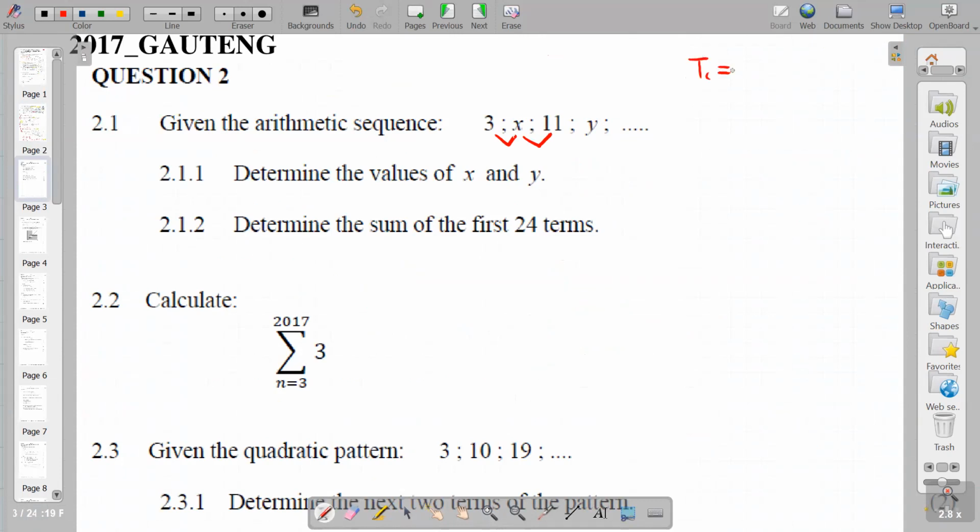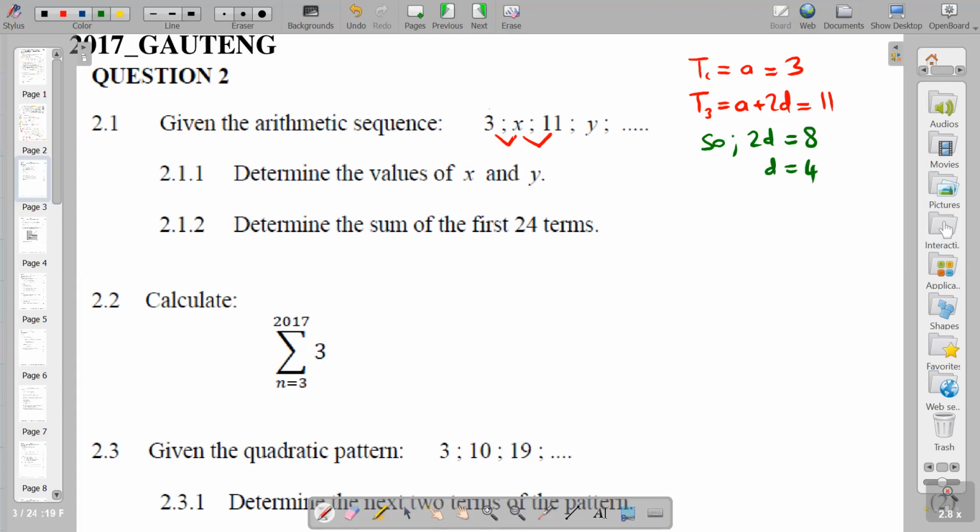What I know, T1 is A, which is 3, and I know T3, the third term. Third term is A plus 2D, and that is 11. So if I subtract the one above from the one below, that means 2D must be 11 minus 3, which is 8. That means D is 4.